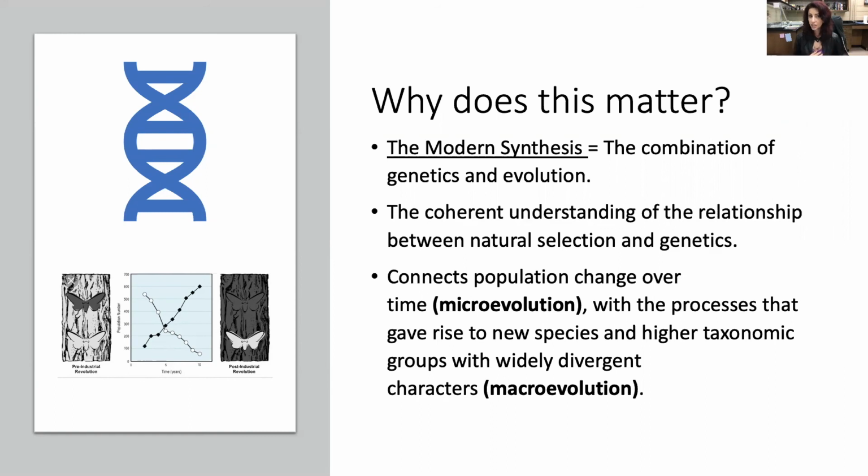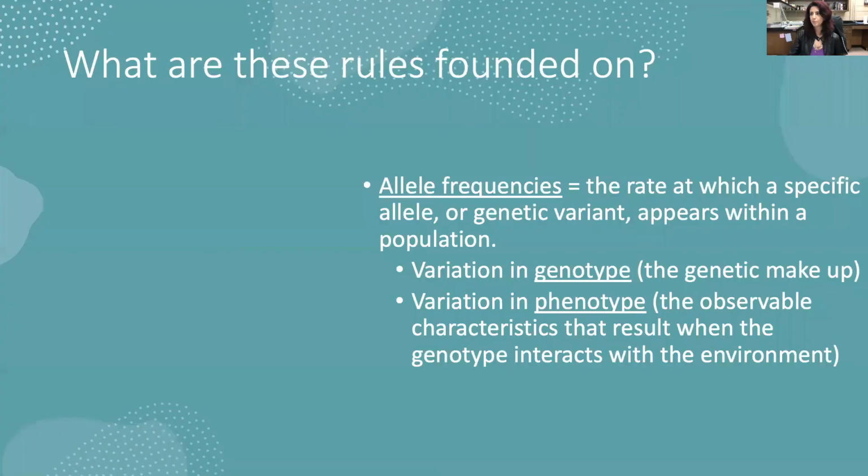In the definition of population genetics, there was a mention of rules. So what are these rules founded on? The rules for population genetics are founded on the idea of differences in allele frequencies. Allele frequencies mean the rate at which a specific allele, or a genetic variant, appears within a population.